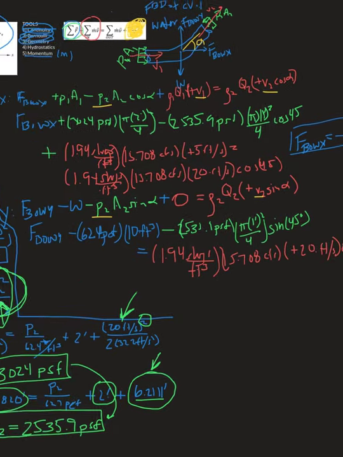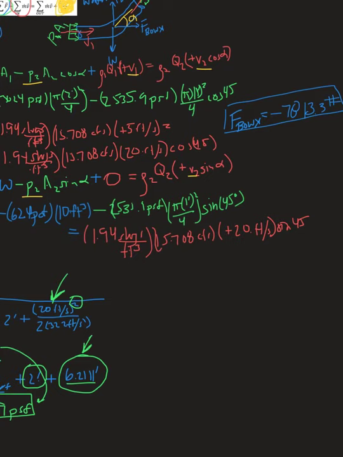I apologize for the handwriting there. And then we'll get our blue out here and we'll say F bow Y.